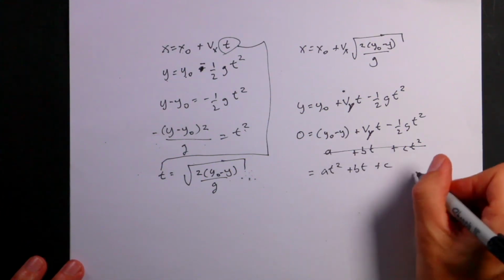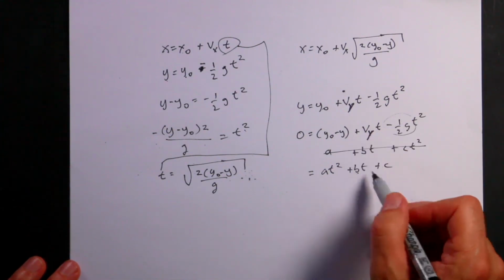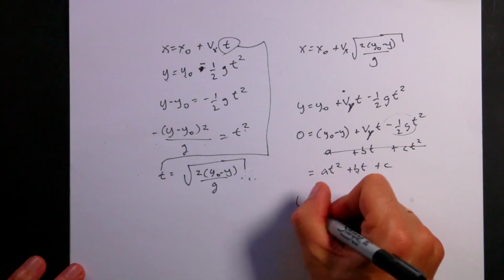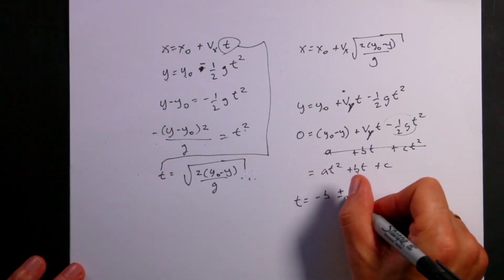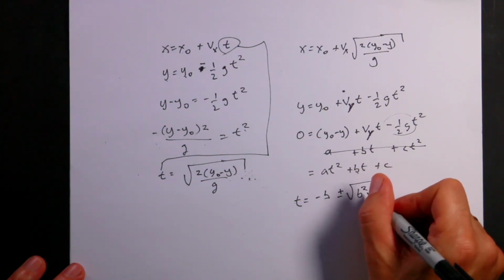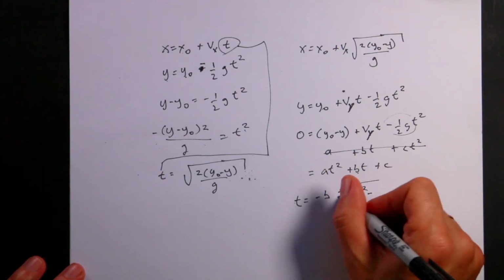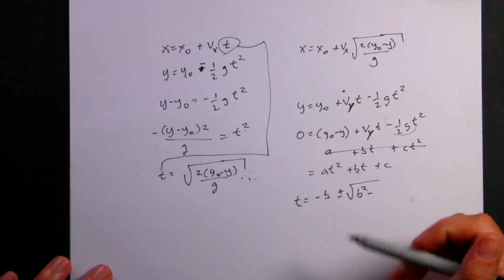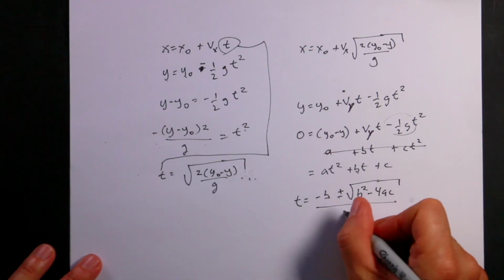A is equal to negative 1/2 g, B is vy, and C is y0 minus y. Then I can find the solutions. t is going to be negative B plus or minus the square root of B squared minus 4AC, all over 2A.